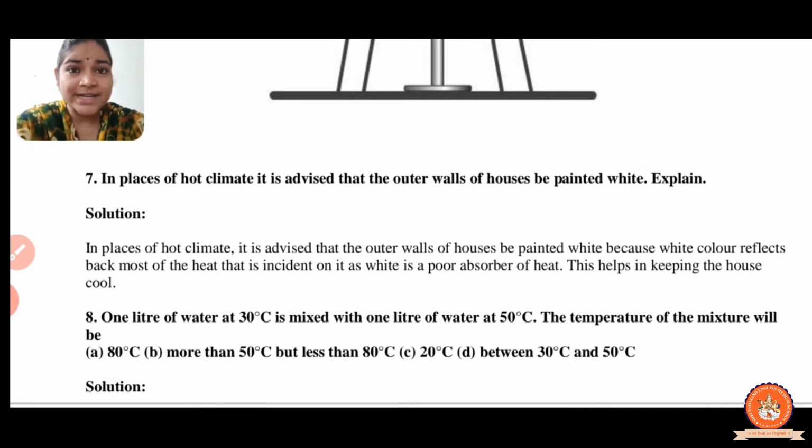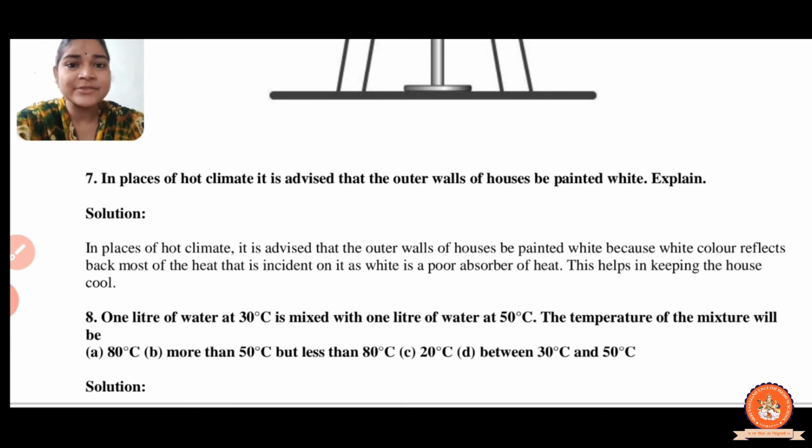You know very well that a dark color or dark object absorbs more heat, right? But a light color absorbs less heat or reflects the heat. So that's why we feel cool. So that's why we advise that the outer wall of the house always be painted white.